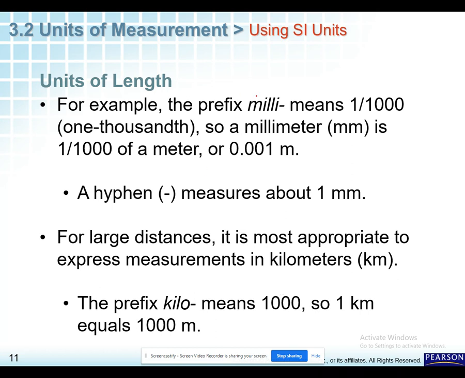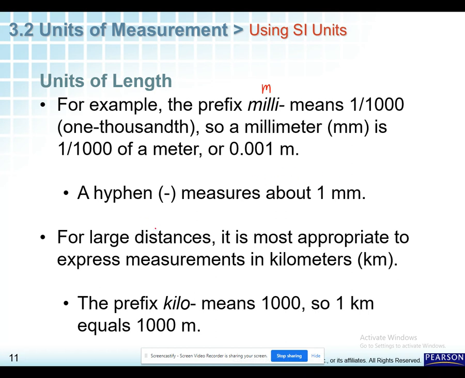For example, the prefix milli, remember, is illustrated by the symbol lowercase m, and means 1 per 1,000th. So a millimeter is 1 over 1,000th of a meter, or 0.001 meters. A hyphen, the length of this, measures about 1 millimeter.